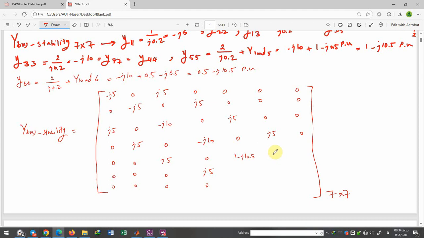Y56 is 0, and after that entry 5 7 is j5.